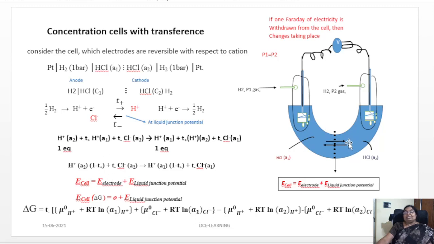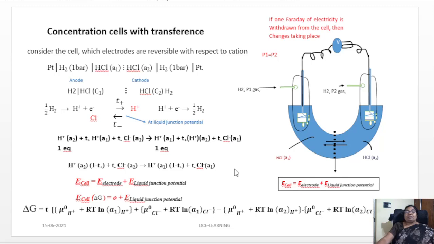So what happens if HCl is transferred to the left hand side? We substitute this relationship in place of H plus A2 and T minus Cl minus A2, and H plus A1 and T minus Cl minus A1.